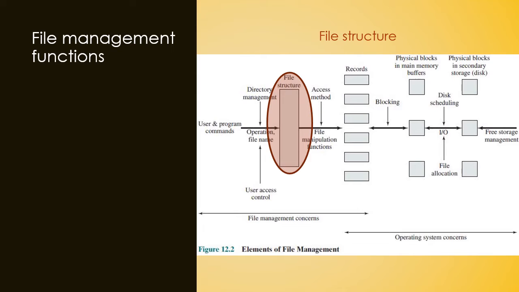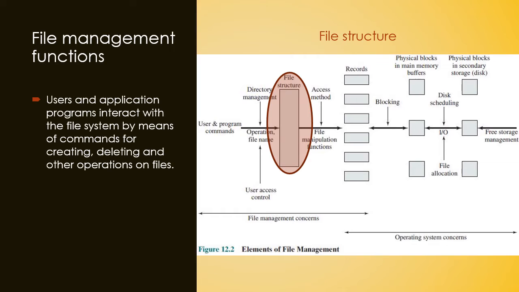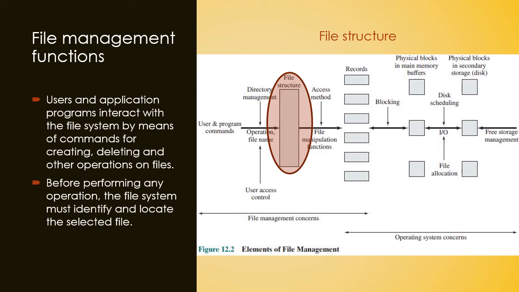File management functions. Now we will refer to figure 12.2. The first element here is the file structure. Users and application programs interact with the file system by means of commands for creating, deleting, and other operations on files.